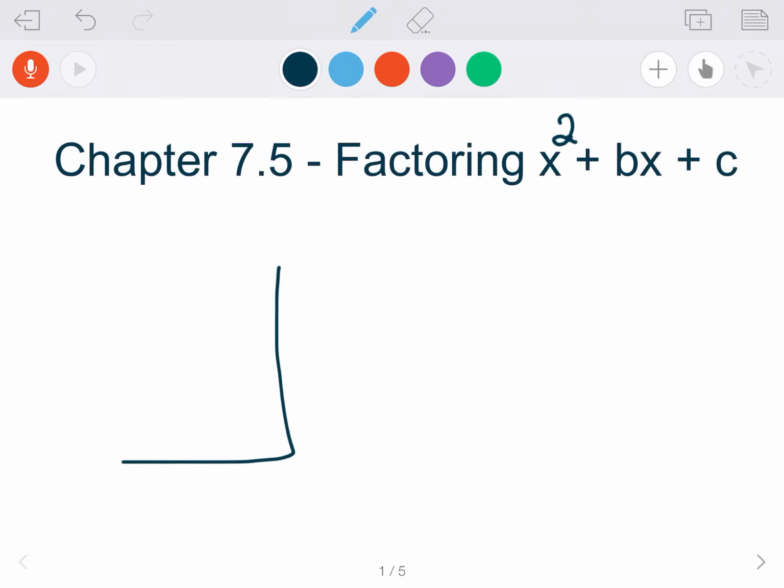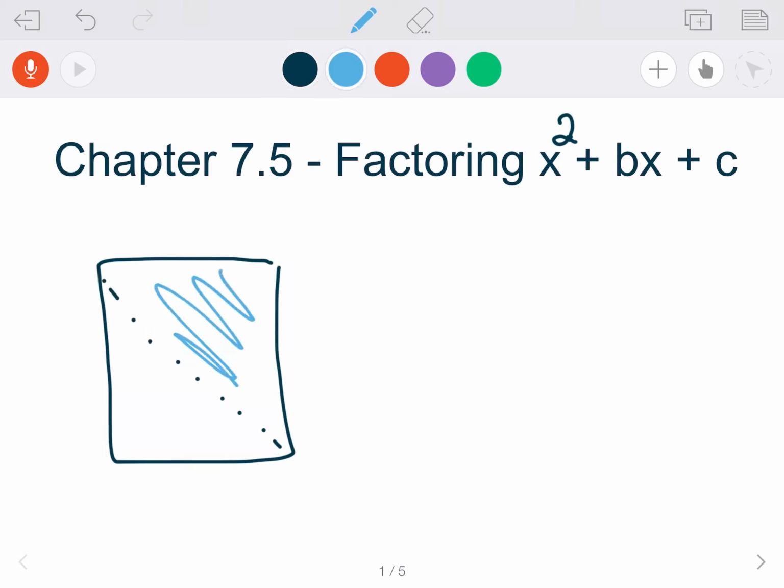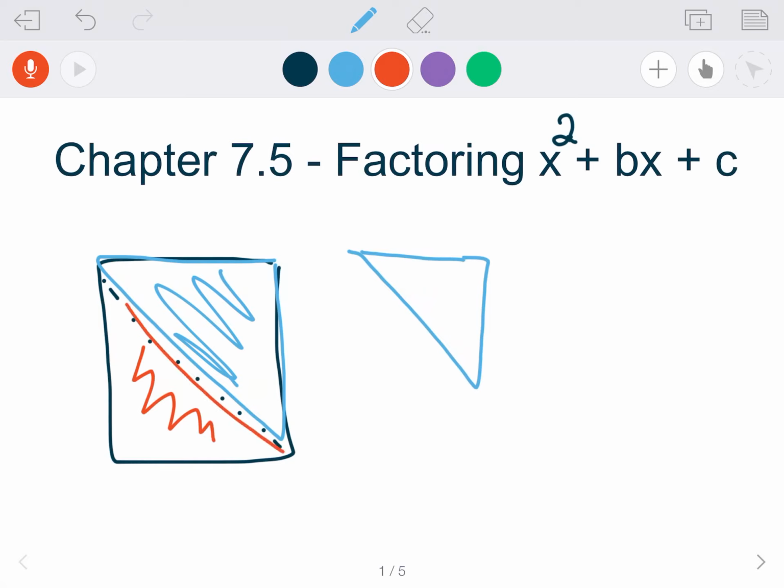For example, if we had a square or a rectangle, and we decided to divide that shape into two pieces. One piece would be this piece in blue, which, if you look closely, makes a triangle. And the other part would be this piece in red, which also makes a triangle.